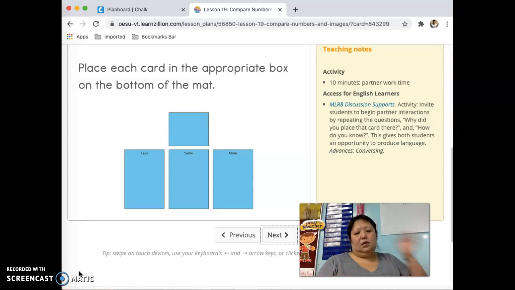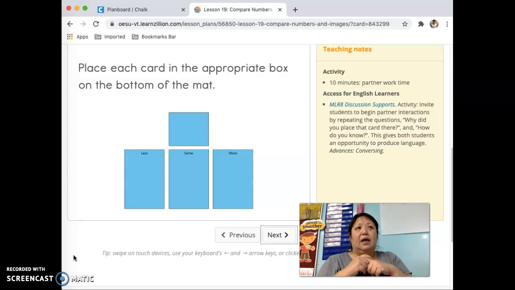Let's see, what else did we do in math today? So for our center choice time for math today, you had 3 different choices. You could play the less, more, same game that I just showed you. You could play number race, which is where you throw the cube on the card with the numbers, and then you write the number in the correct column that your cube lands on.